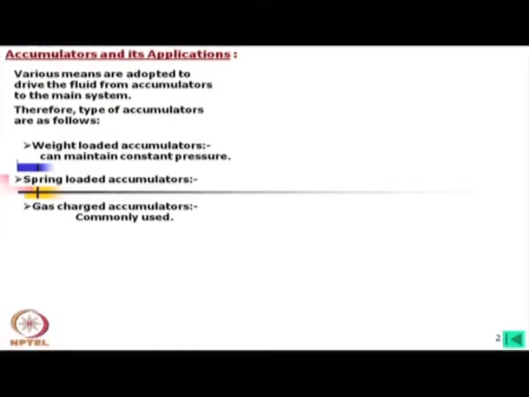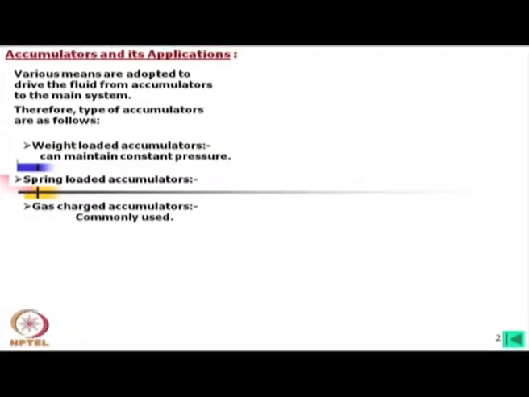In fact, weight loaded accumulators may be the best in that respect, but for high pressure you have to use a huge amount of load, and the construction of such an accumulator is difficult.